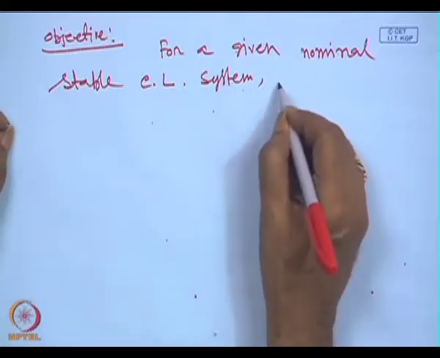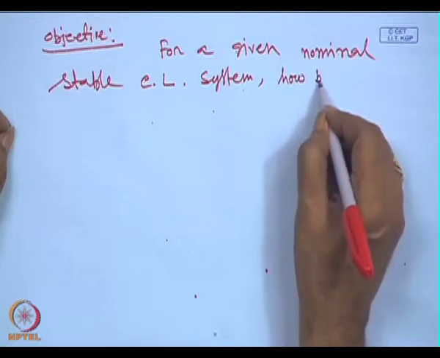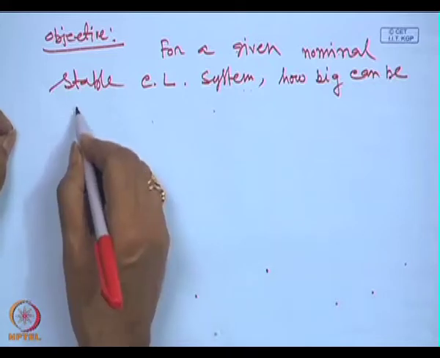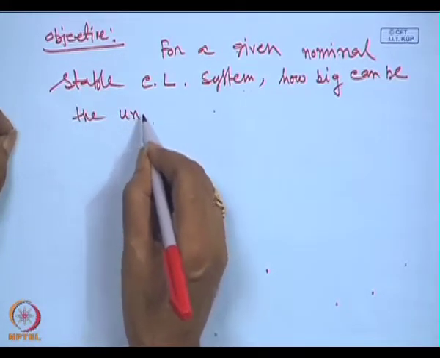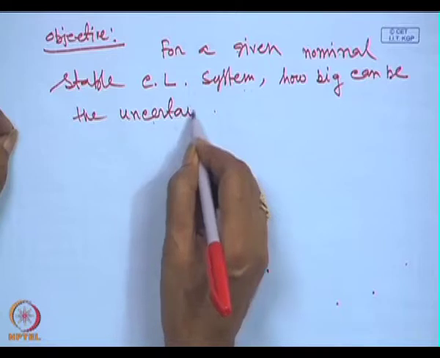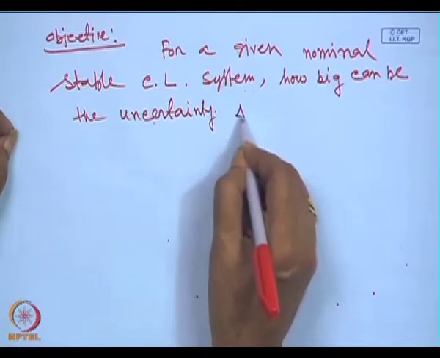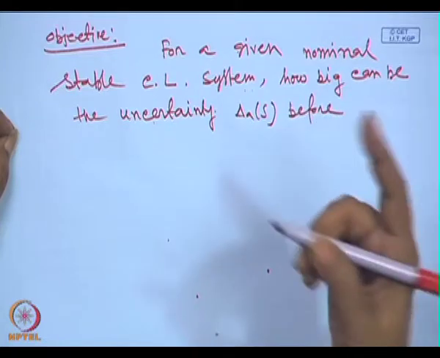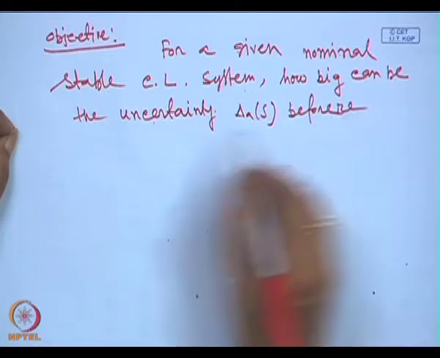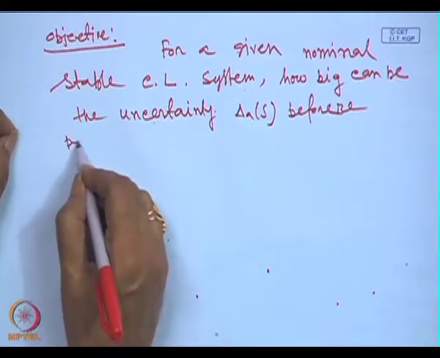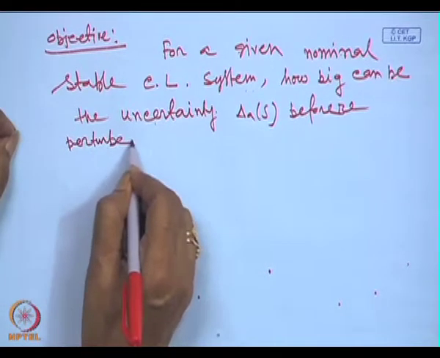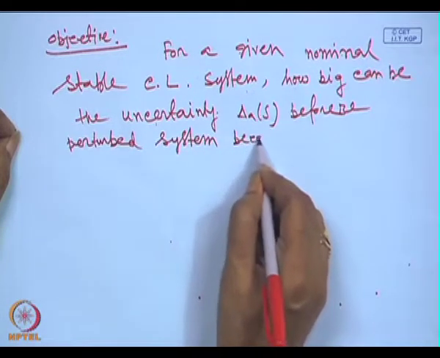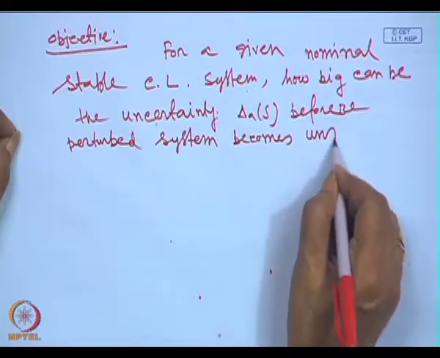So, now our problem is how big can the uncertainty delta A(s) be before the perturbed system becomes unstable.